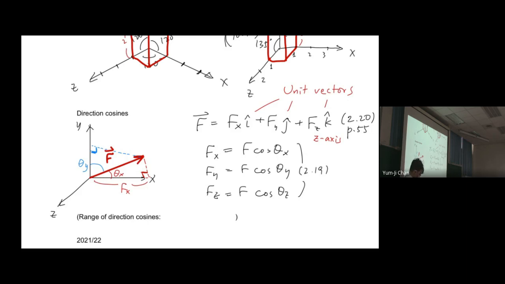Then this is a right angled triangle, and this part is equal to fy, which equals f cosine theta y. You can do the same on fz.